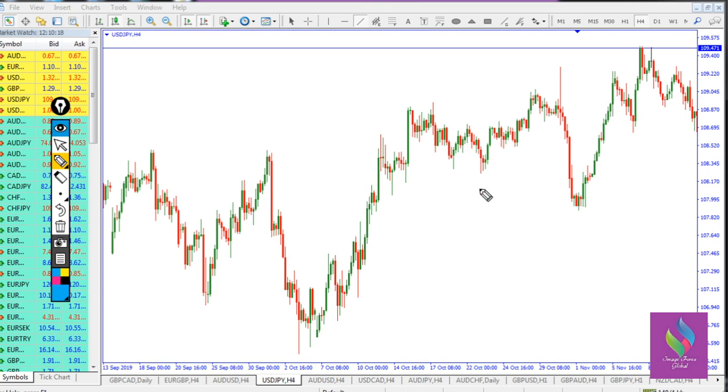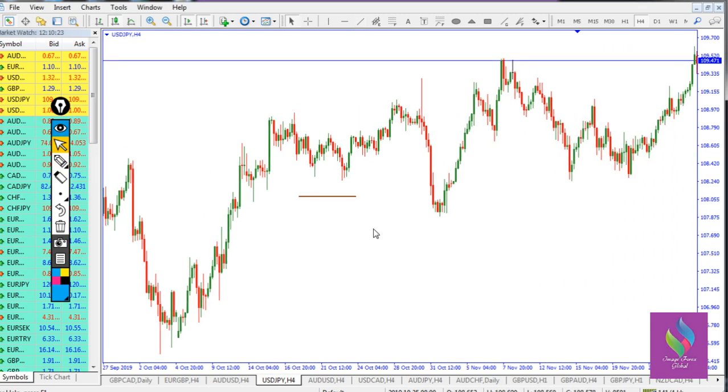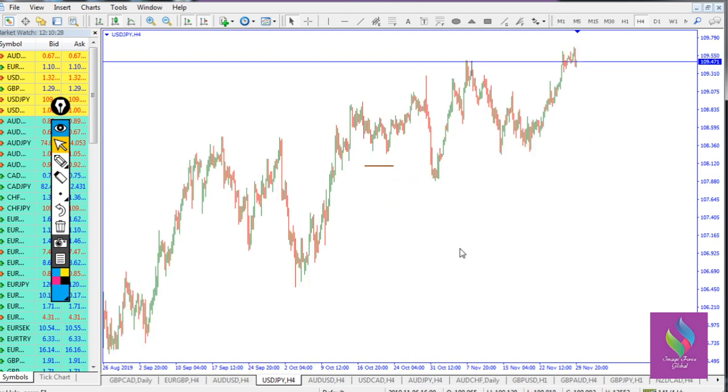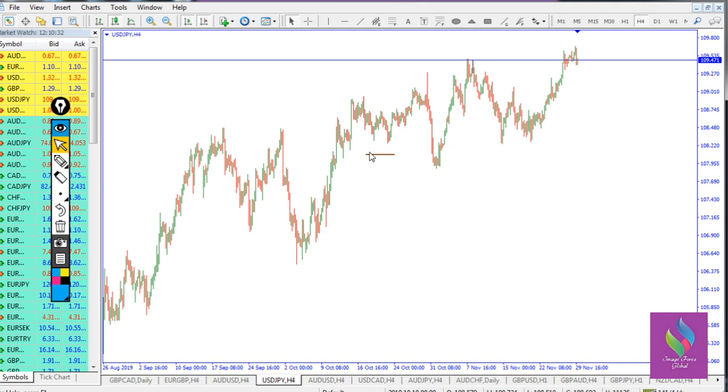Now price, let me look for a nice area right there. You have price touching this area. Let's assume price started from this area, pulled up right here, and came down into this area, and from there price moves to the upside.